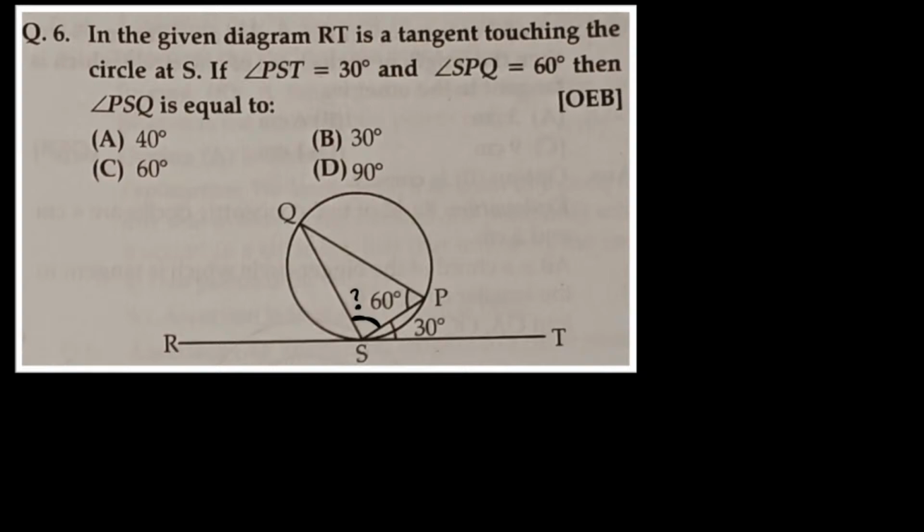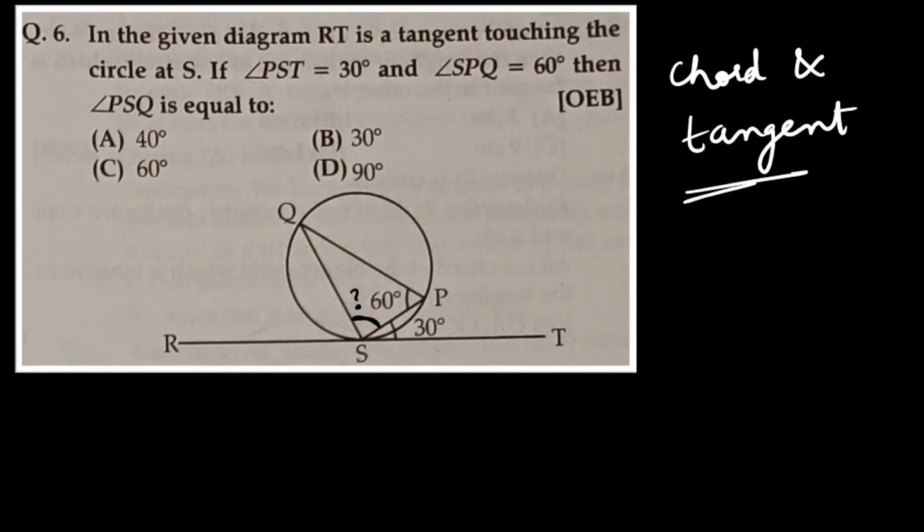Here, the concept which I have told you, angles in the alternate segment. Whenever you see any angle between chord and tangent, that concept should come to your mind: angles in the alternate segment are equal.